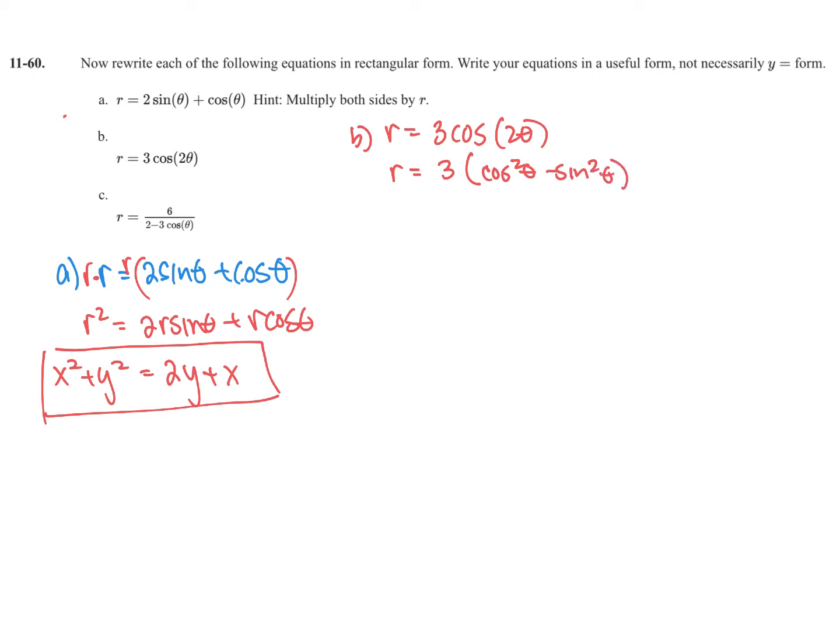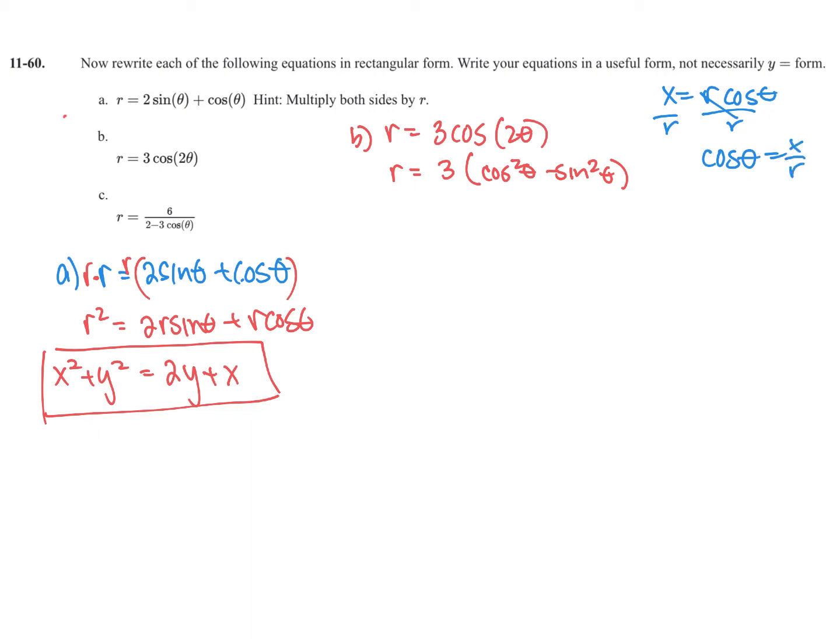Okay. Now from here, I'm going to go ahead and do some replacing. And what I want you to realize is this. If I have x equals r cosine theta, I can divide off the r and have cosine theta equals x over r.